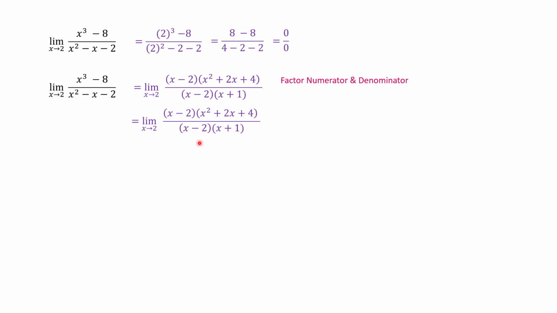And at last, in this example, because x approaches 2, the common factor should be x minus 2. As you can see, the common factor between numerator and denominator is x minus 2. So this trick can be very helpful in factoring numerator and denominator of rational functions.